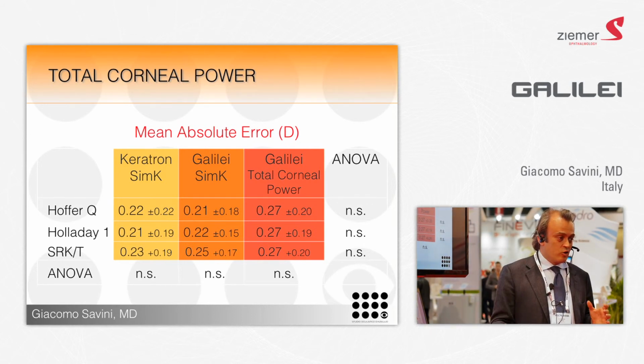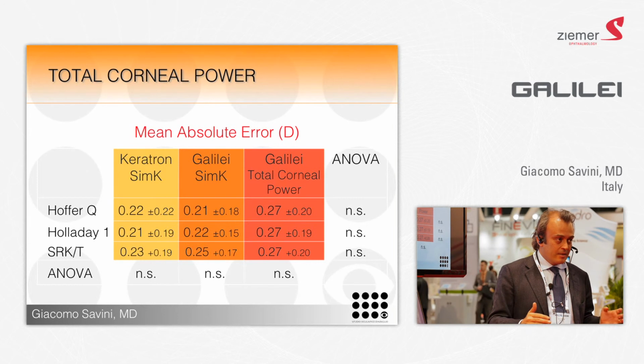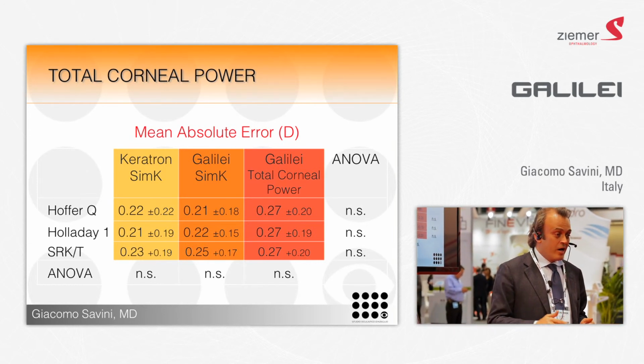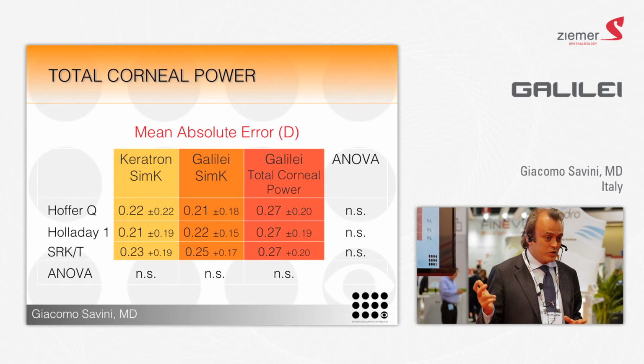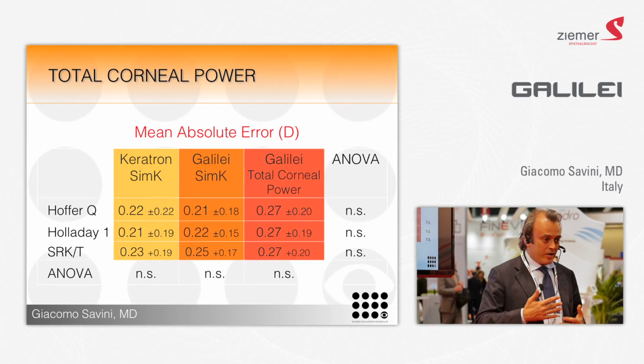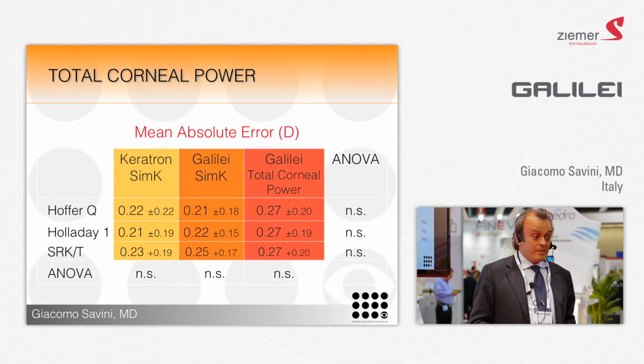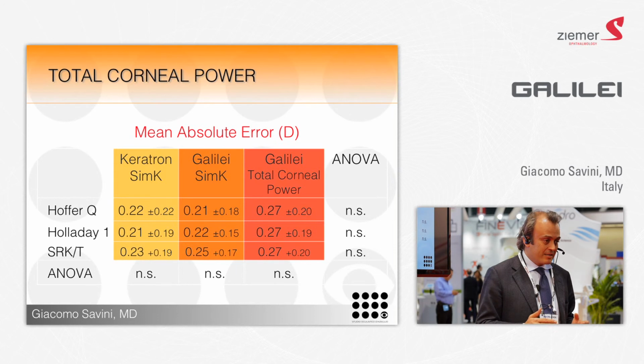Probably as a combination of good machines, and this has been the topic of a talk I gave 1 year ago, and the 3-piece accuracy, which probably gives some more accuracy than the 1-piece. Second, all the formulas, SRK/T, Hoffer Q, and Holladay 1 have been developed to enter the SimK or manual K readings.